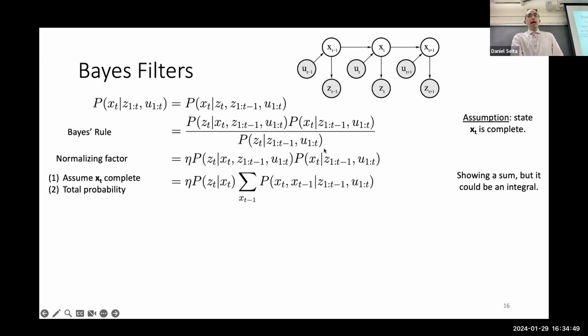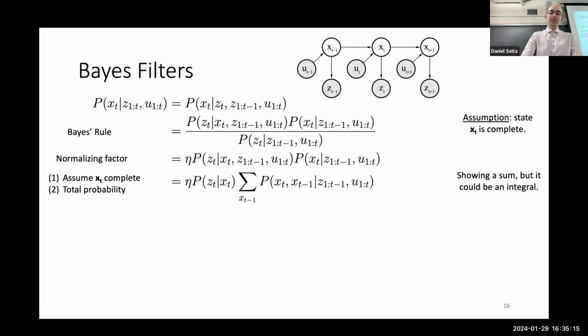And for this term, you have the probability of XT conditioned on all this information. So what happens here is we've introduced XT minus 1. We've introduced this sum over XT minus 1, and then we just put it in there, right? So this is just the law of total probability.